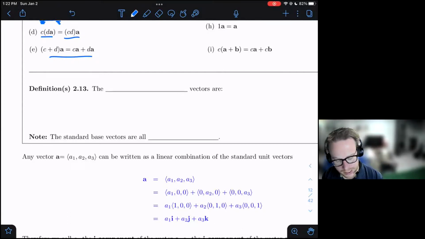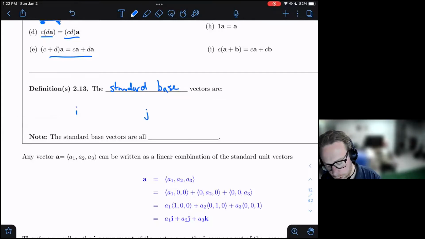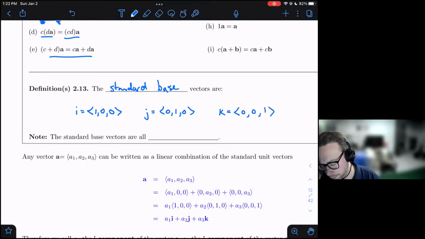So the standard base vectors are I, J, and K. I is the vector 1, 0, 0. J is the vector 0, 1, 0. And K is the vector 0, 0, 1.